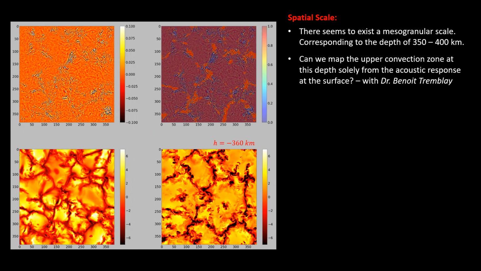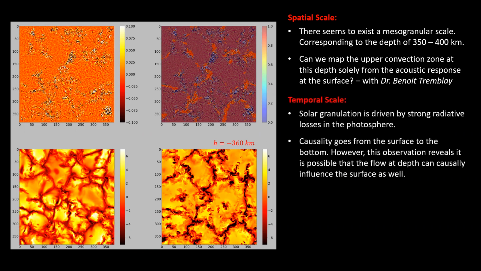And that is what we are trying to find now. So that is research in progress. And then we have also seen that there is a temporal relationship. We have seen that when the acoustic sources come, it seems like this mesogranular layer that is 300 kilometers deep is actually driving all the acoustic sources on the surface.